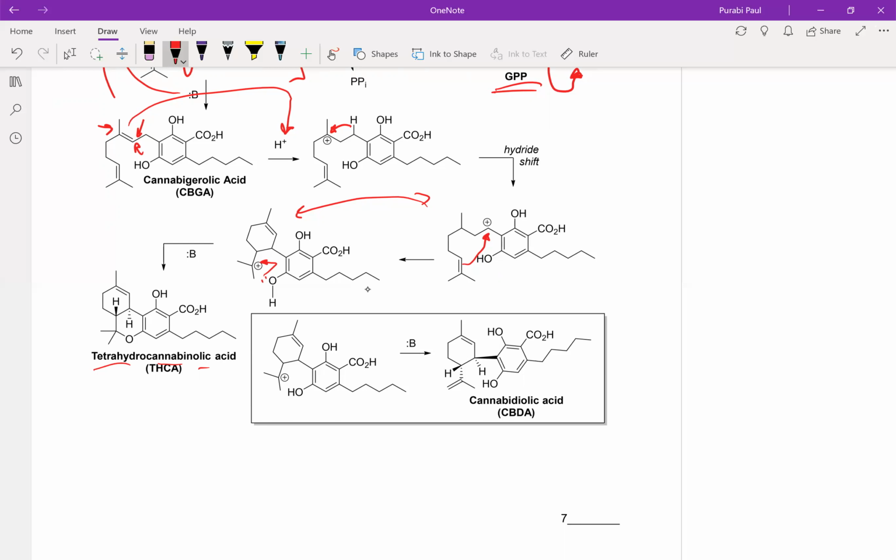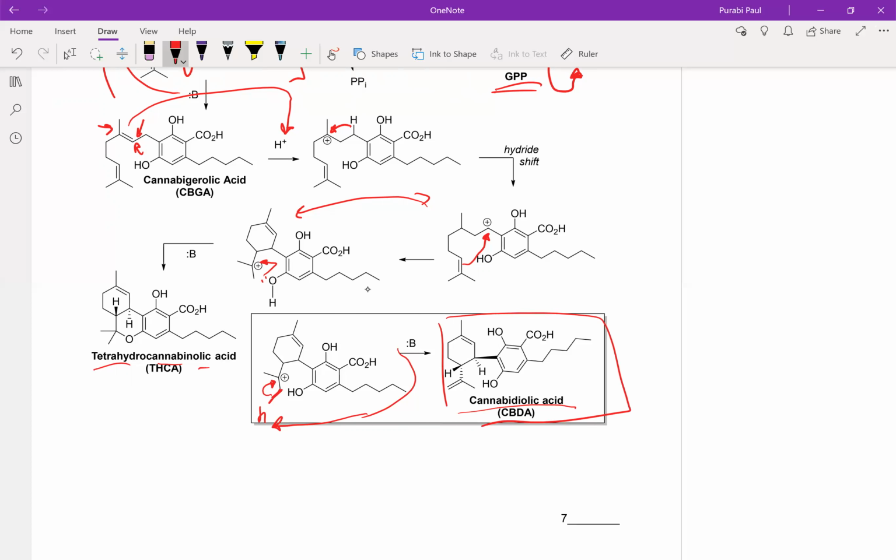Alternatively, instead of that oxygen attacking the carbocation, you could also have this chemistry performed where you just quench it. You just have a base. So you have this proton right here. You'll have a base that grabs the proton and quenches the carbocation to give you cannabidiolic acid, or CBDA.